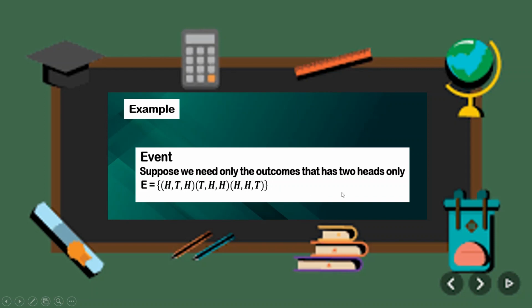So the event that there are only 2 heads in the outcomes has only 3 outcomes. I think you understand now the difference between an experiment, an outcome, a sample space, and an event. As simple as this, right? Very easy.